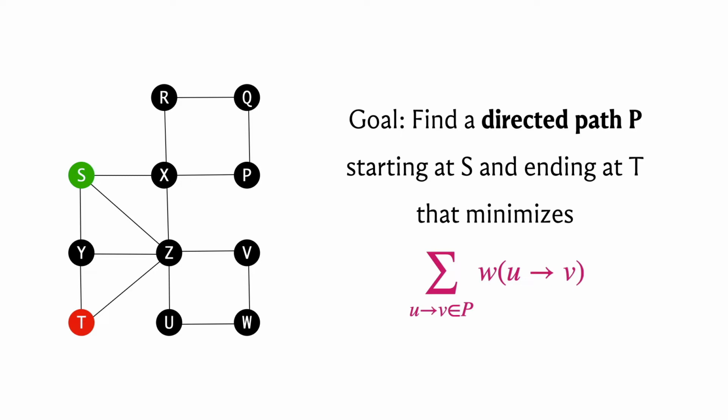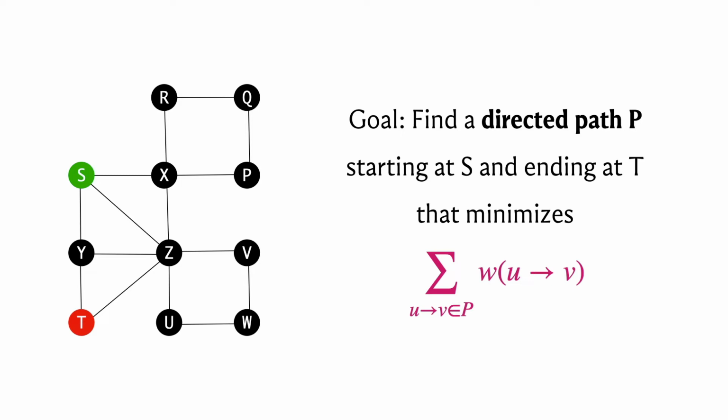The cost of a path is simply the sum of all the weights of the edges that participate in the path. This quantity is often referred to as the distance. So we will talk about the distance of the vertex T from the source S as being the length of the shortest path that connects S to T.